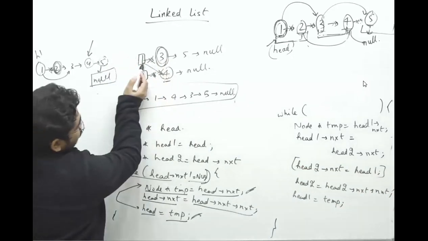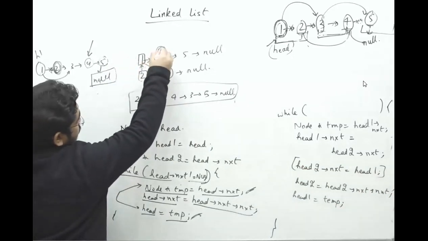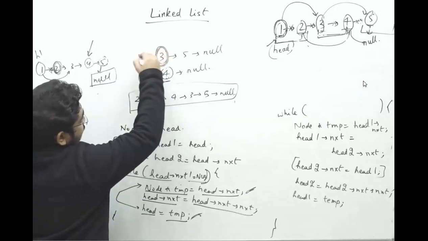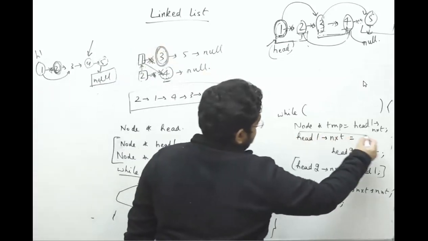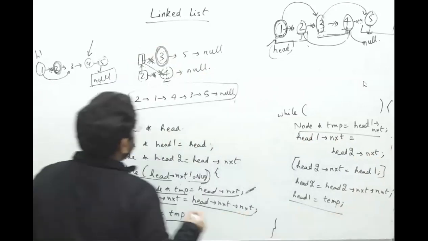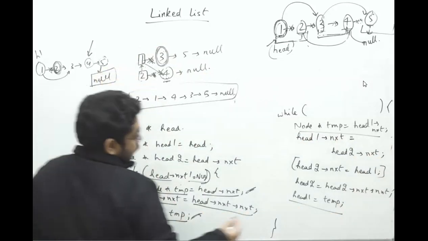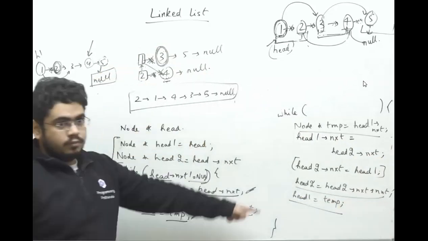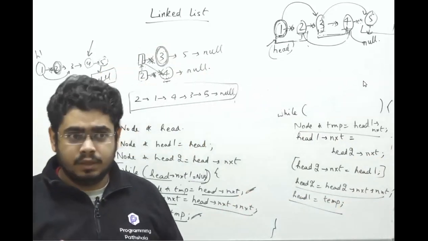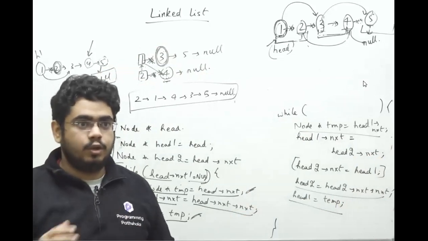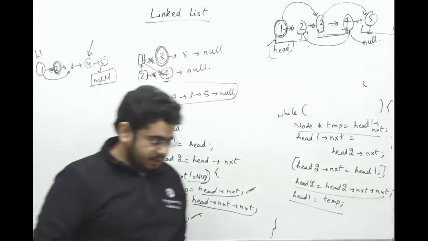But now, because 1 to 3 was broken, 3 is lost. And we need to move to 3. So that I have stored here so that I can directly move there. 4 is not lost. 4 can be found by this next. So that I have done here. So we needed only one temp to make these pointer manipulations. Is the idea making sense? Yes or no?